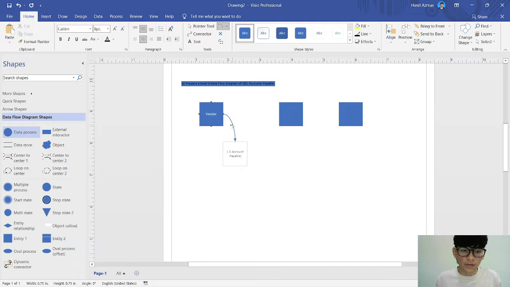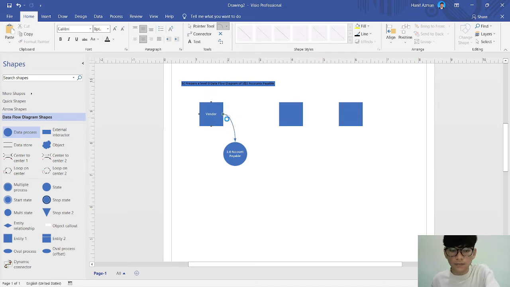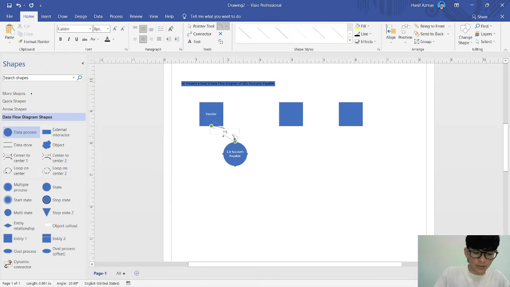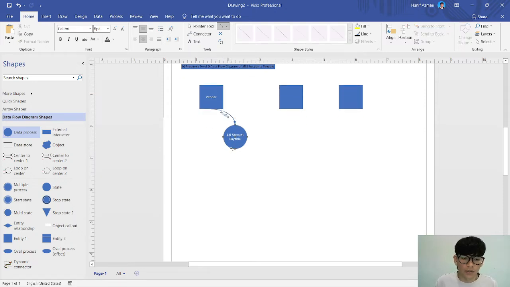And this is the invoice. Sorry, it should be here, and send an invoice to accounts payable.